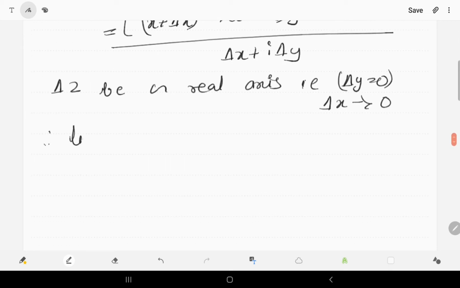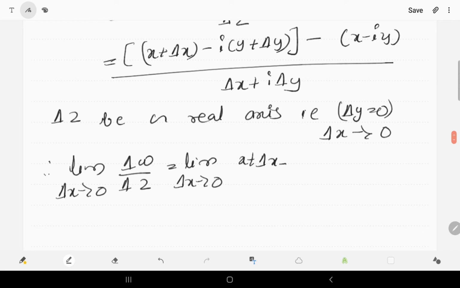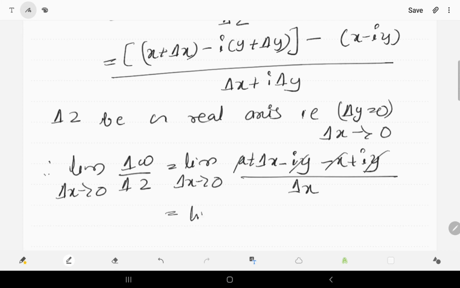Therefore, limit as delta x tends to 0 of delta w by delta z is equal to limit as delta x tends to 0 of (x plus delta x minus iy minus x plus iy) divided by delta x, since delta y is 0. Minus iy plus iy cancels, x minus x cancels. So limit as delta x tends to 0 of delta x divided by delta x is equal to 1.